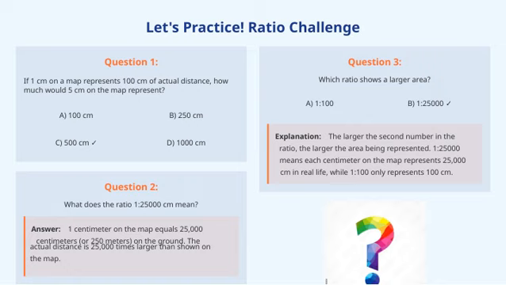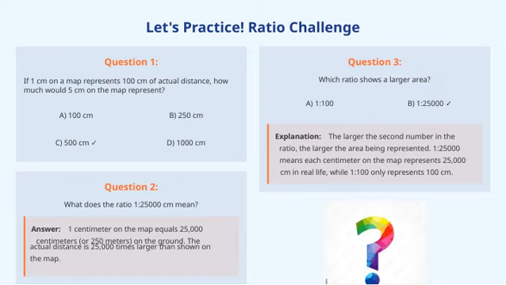Finally, question 3. Which ratio shows a larger area? The options are 1:100 and 1:25,000. The answer is 1:25,000. Here's why. The larger the second number in the ratio, the larger the area being represented.